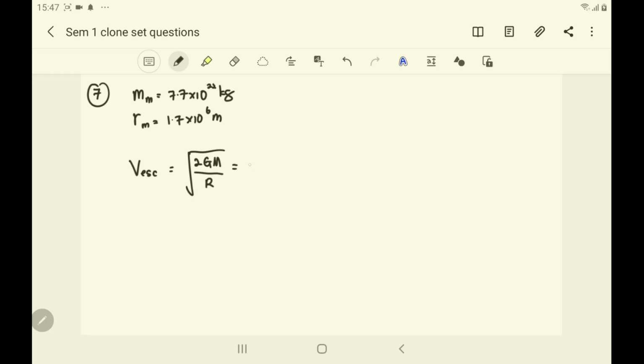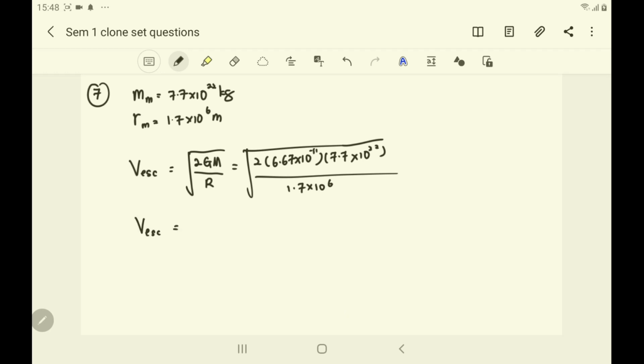So it is the square root of 2 times 6.67 × 10^-11 times 7.7 × 10^22, over 1.7 × 10^6. Therefore, the escape velocity is equal to 2458.1 meter per second. So this is for question 7a.